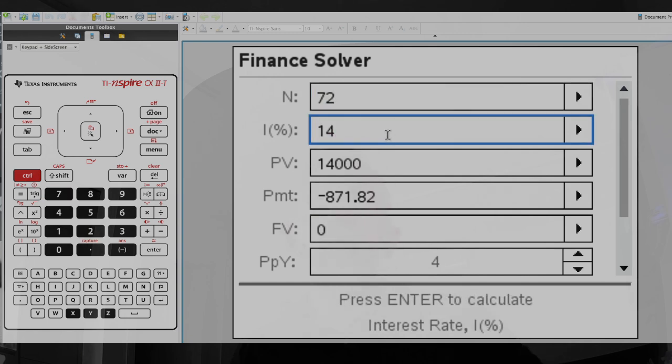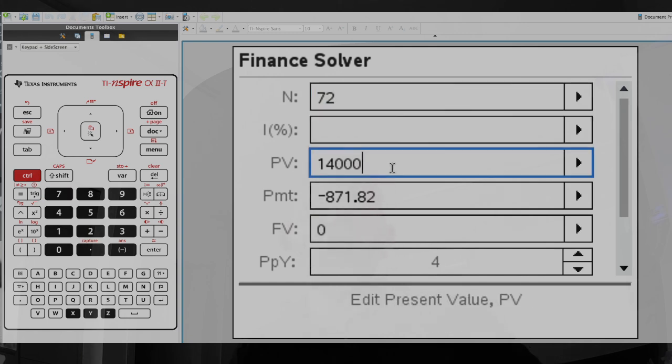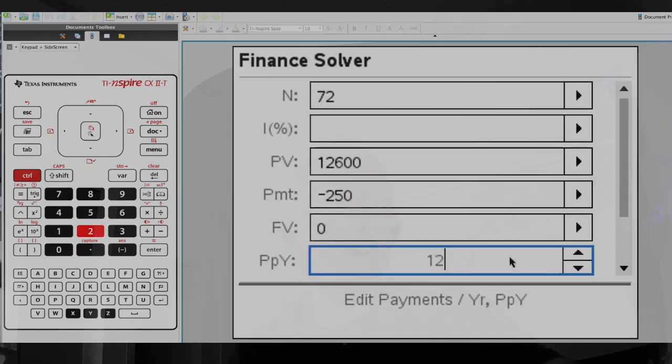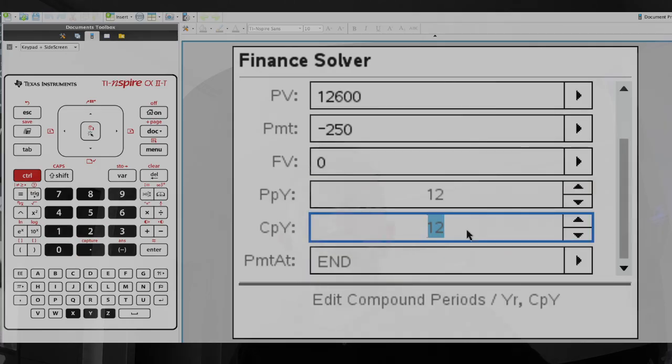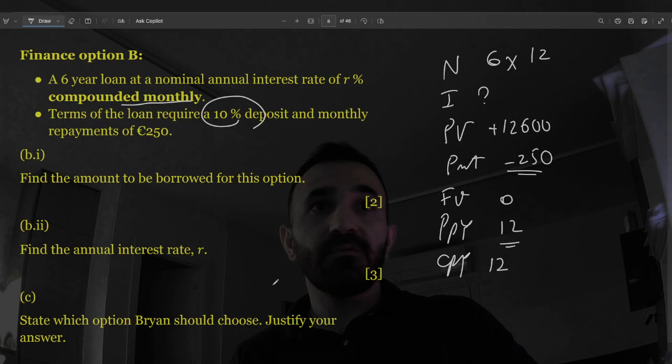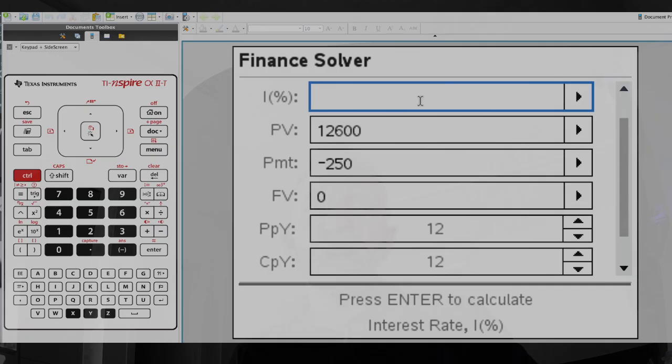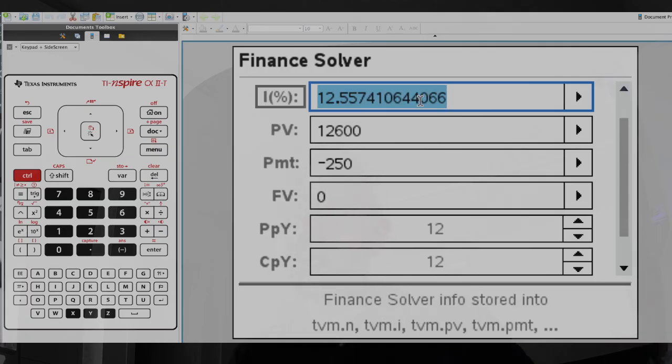Am I right? 12 and 600. Payment is minus 250, and it's going to be 12, and this is going to be 12. Is it correct? 12, 0 minus 1.